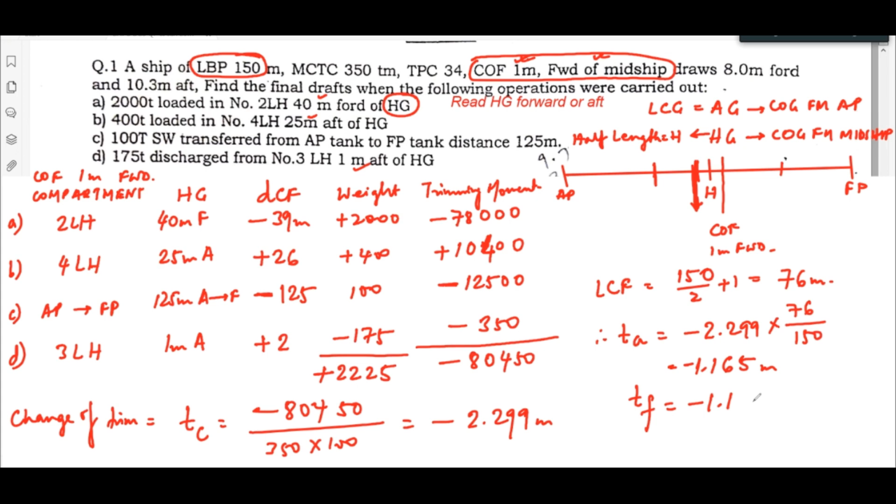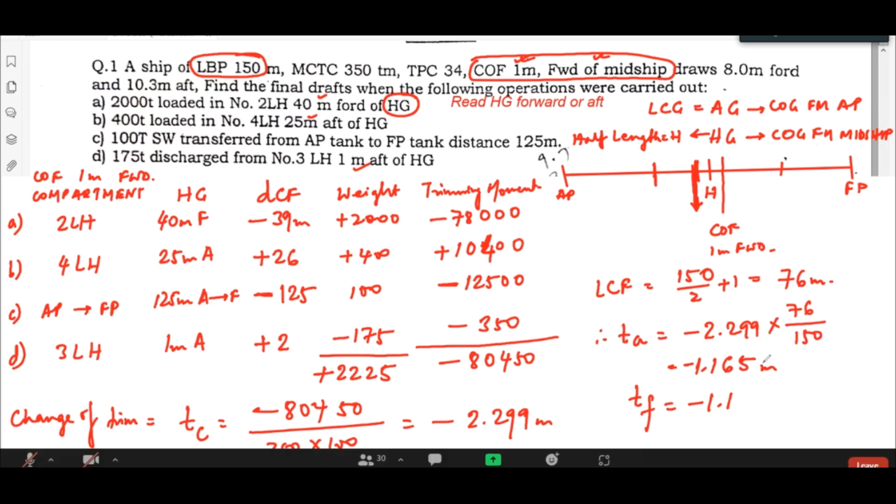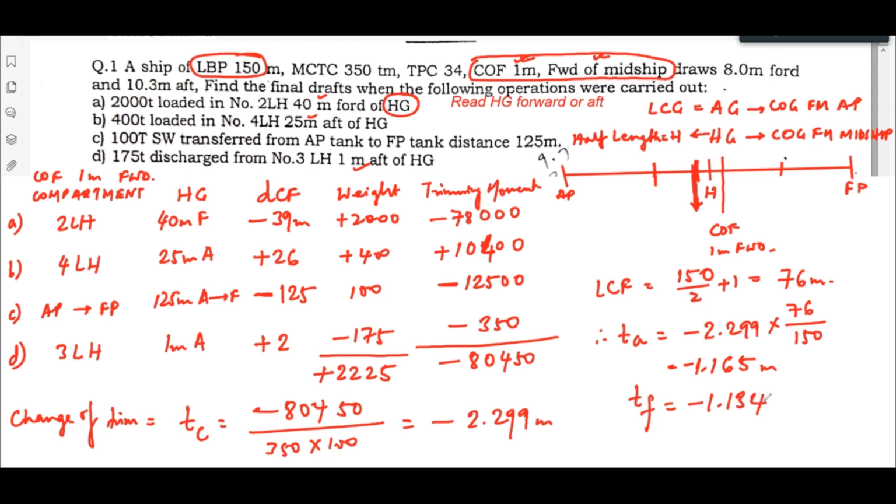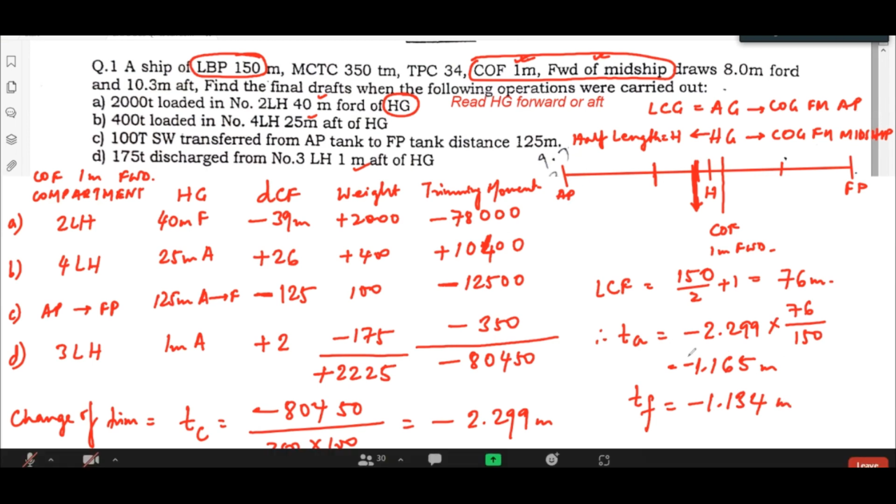Yes, sir. 1.165 हाँ? तो यही आ रहा है 1.165. 1.134 TF. Any doubts, anybody so far?